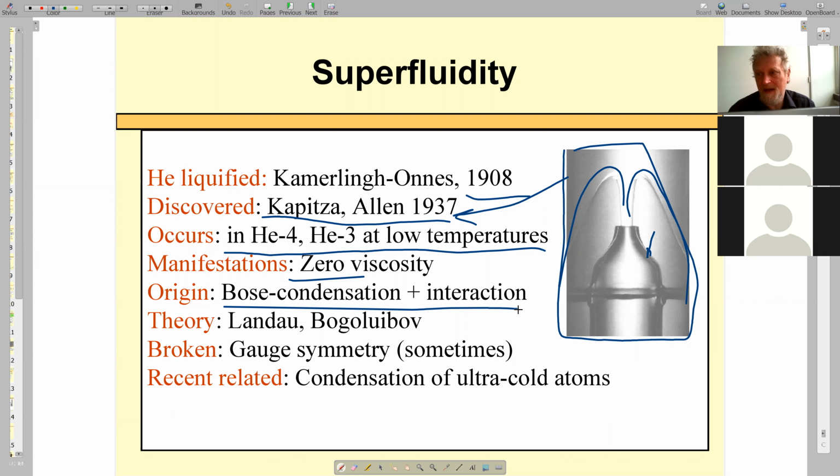Helium atoms can be regarded as bosons, and it eventually comes from boson condensation, where interaction also becomes important. The gas theory was made rather early, somewhere in the 40s.